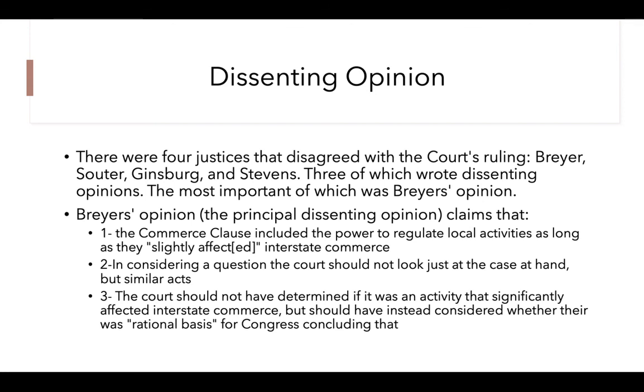Breyer is saying the intention is much more important than linking to a commerce clause. The intention was to save lives. The intention was to prolong the life of young men, women, and children.